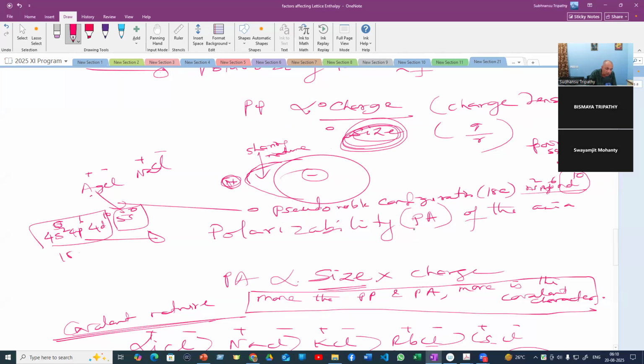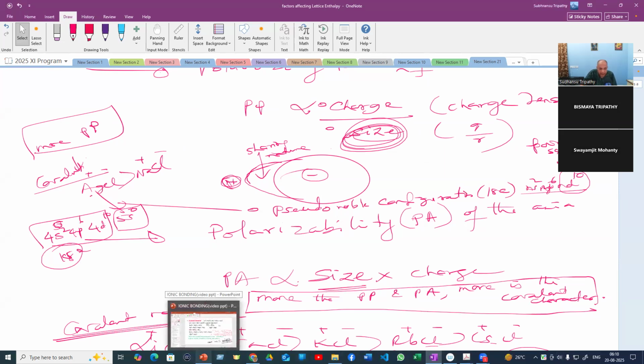So this is 18 electrons, a pseudo-noble gas configuration, and therefore its polarizing power is more because of the poor screening effect of d electrons. That is why the covalent character of silver chloride is much more. It is predominantly covalent, while sodium chloride is predominantly ionic. Therefore the melting point of sodium chloride is more, silver chloride is less. And it is more soluble in organic solvents than sodium chloride. So I have shown this here as an example.